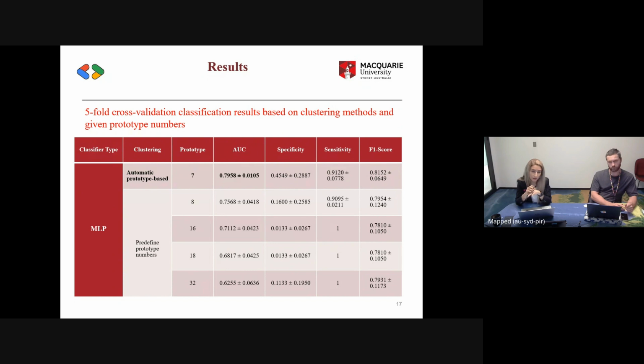So it's really important to have the best series of prototypes here. And in some cases, for example, in 16, you can see sensitivity is 1. It's kind of artificially high because it sacrifices those EGFR negative cases to do the correct classification. So that's why specificity here is really low.